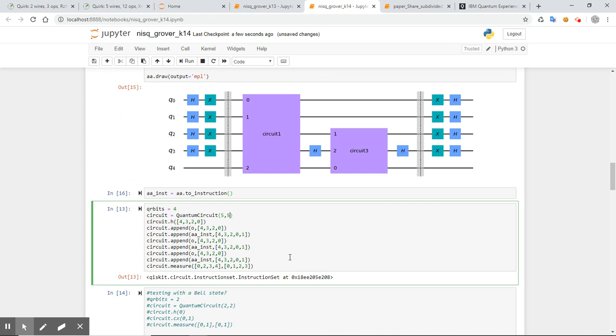But if I measure it, then it's going to be difficult to interpret the results, is it? To be honest, it's a qubit that should always be 1, should it?